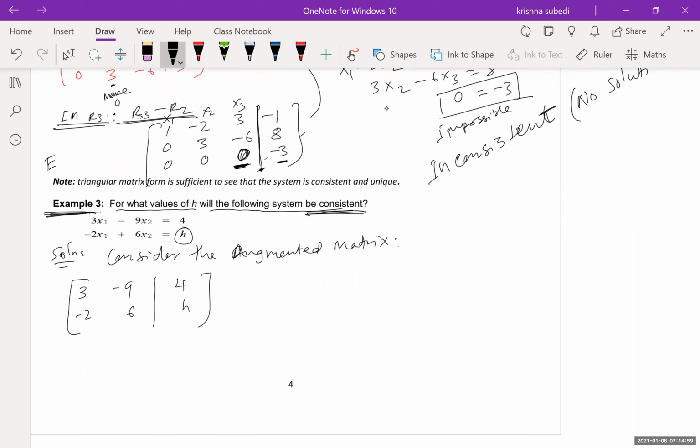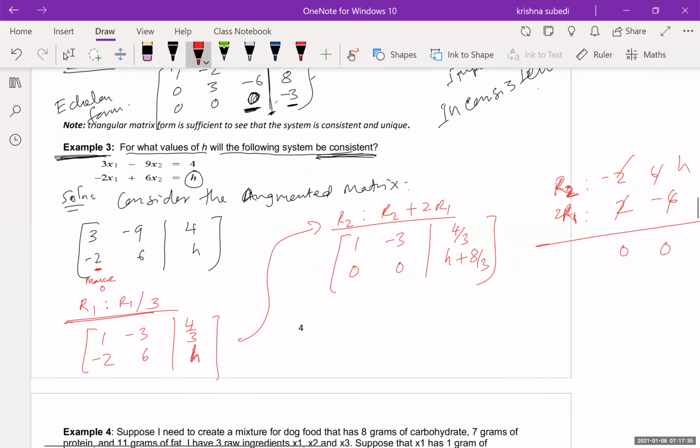This is called echelon form. So that means you try to make this guy 0. Go ahead, I'll wait. To solve this system, to make life easy, I divided R1 by 3 so that I get 1, -3, 4/3, and I copy the second row as it is.